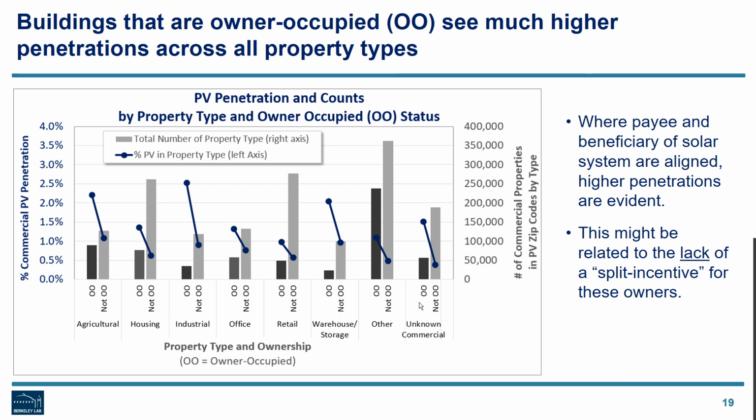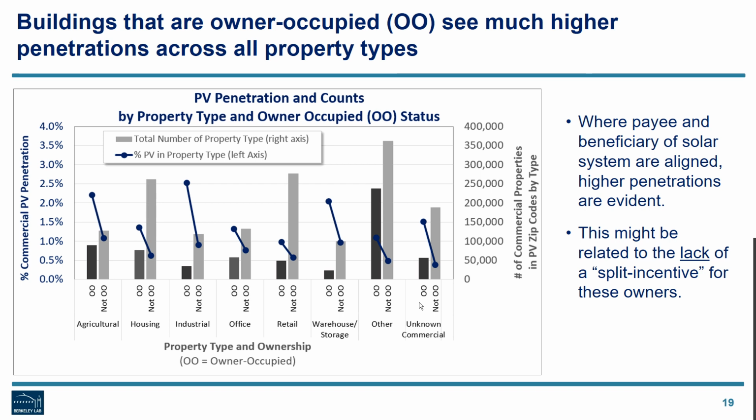Those two categories are shown on the x-axis there, OO for owner-occupied or not OO for not owner-occupied. In all cases, across all property types, we see higher penetrations for the owner-occupied group. We should note that residential, that multifamily apartments and condos and hotels, are excluded from this because we didn't have good data on them for this purpose.